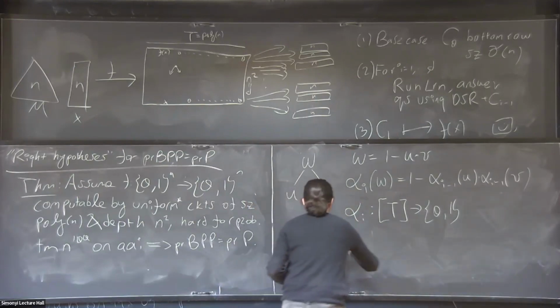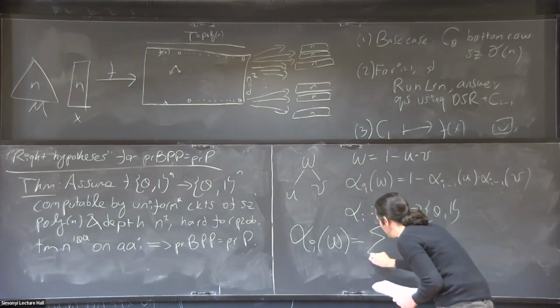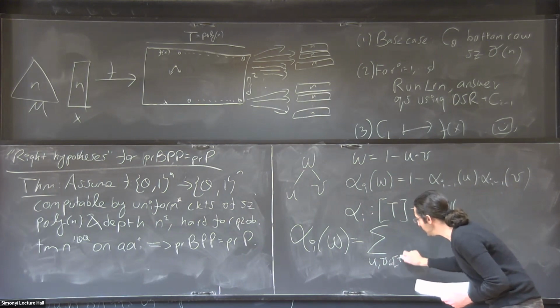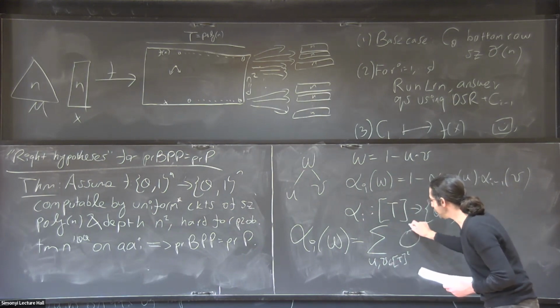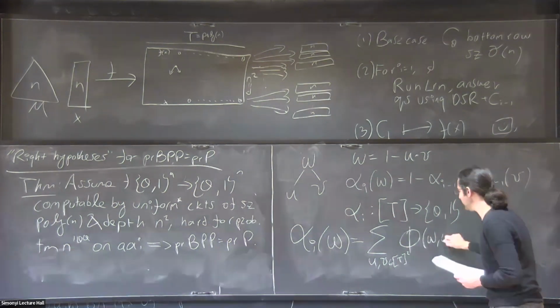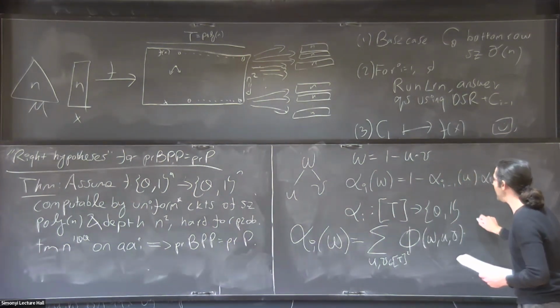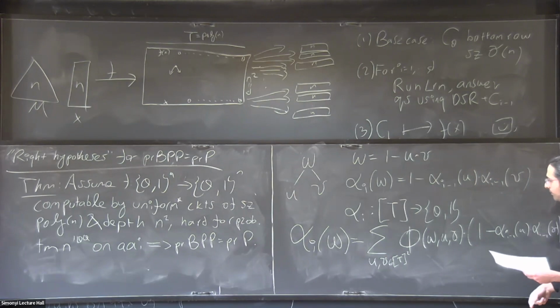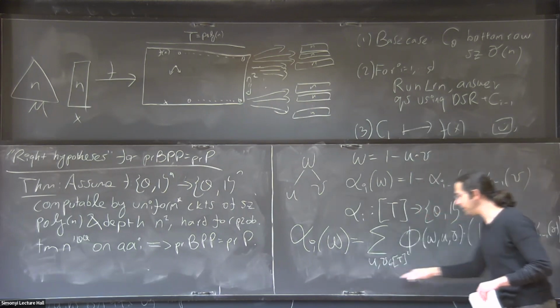Alpha i of W is the summation over all pairs U, V, this is in T squared, of this thing that I'm going to explain in a second, phi of W, U, V times 1 minus alpha i minus 1 of U times alpha i minus 1 of V. Because denoting it like this hides the point. The point is that we need to know what U and V are in order to compute this function. So to compute this function, now I'm going to have a complete description.